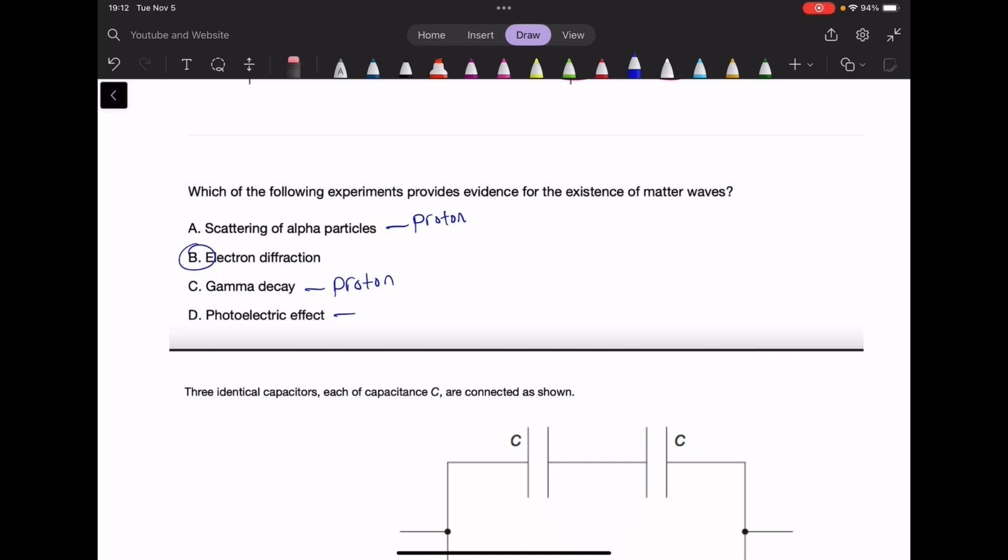The photoelectric effect is a phenomenon in which, when light shines on a metal surface, electrons are ejected from it. It provides evidence to show that light is quantized, meaning that it comes in integer multiples of something. So D is also wrong. D shows light is quantized.